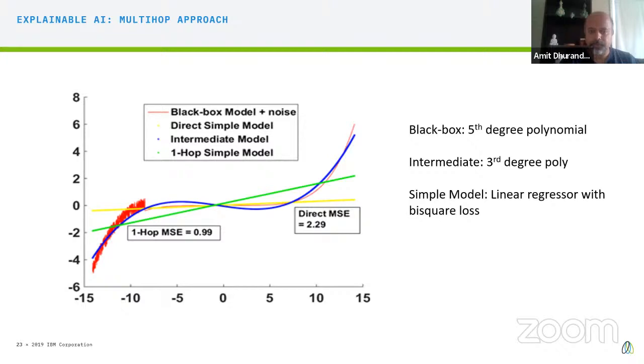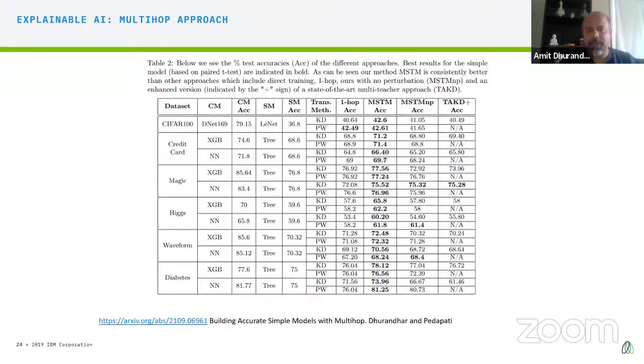And the complexity of both these models is the same because they're just lines with the same number of features. So there is some hope here. This generally happens, there are some details, and we have a paper on arXiv on it, but the point is that it can actually help, which is kind of interesting.